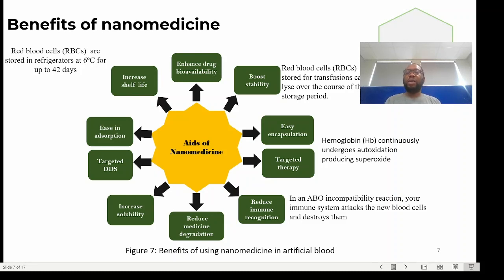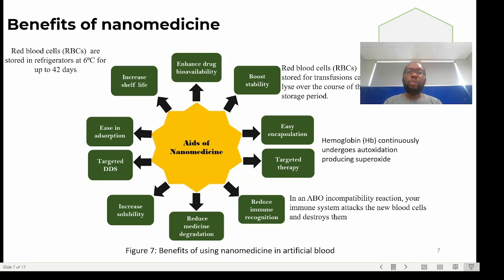In terms of application in the field of blood transfusion, at the moment, red blood cells can be stored in a refrigerator at 6 degrees for 42 days. By integrating nanotechnology, you can improve the storage conditions of these red blood cells or their component, hemoglobin, to a longer storage duration.